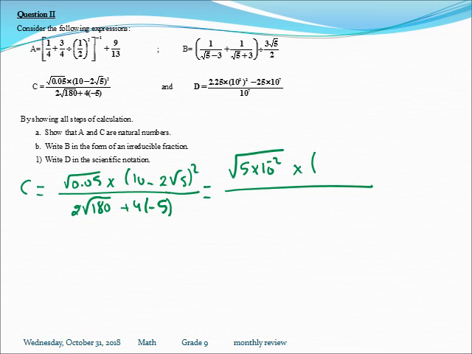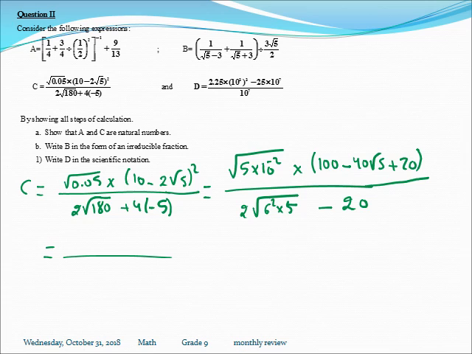It is in the form (a minus b) square equals a square minus 2ab plus b square, so it's equal to 100 minus 40 radical 5 plus 20 over 2 radical 180, which is 6 square times 5, minus 20.